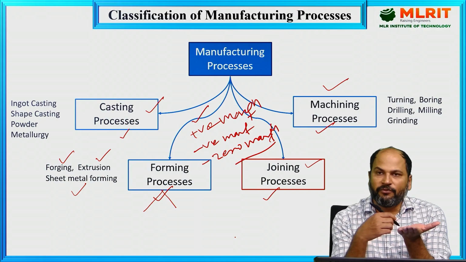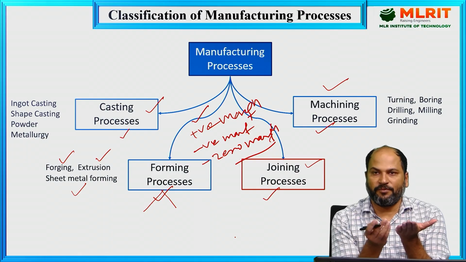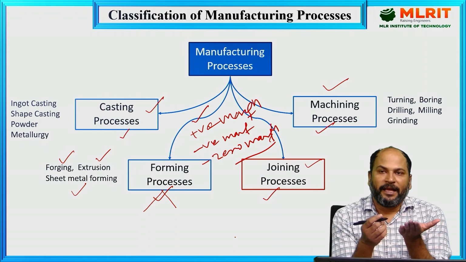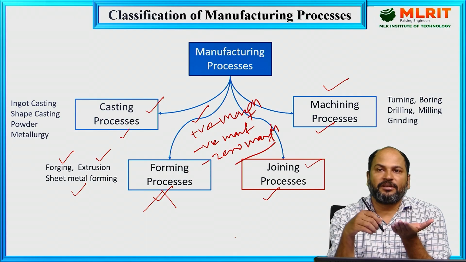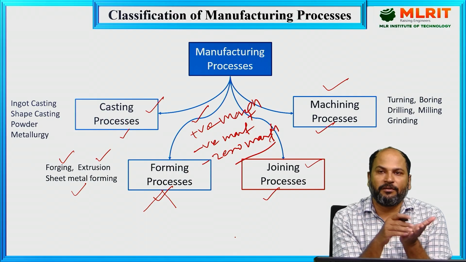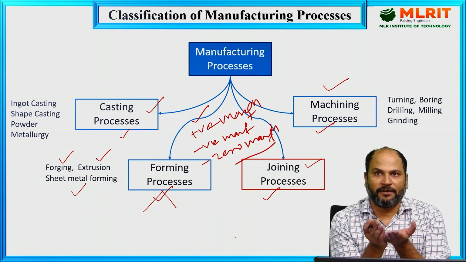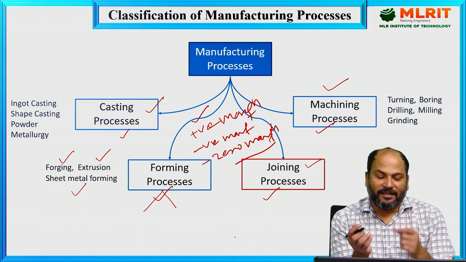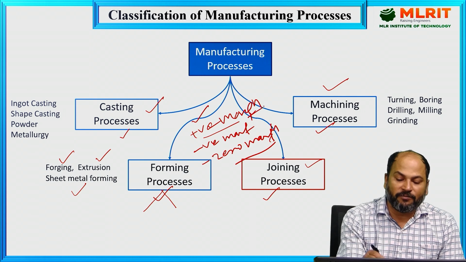This electrode will be deposited on the surface of the metal that we are going to weld. So what is happening here? Actually, there is extra deposition of material. Whatever the weight or mass of the specimen was initially, after welding it is not going to be the same. In fact, it will increase. That is the reason it is known as a positive manufacturing process.